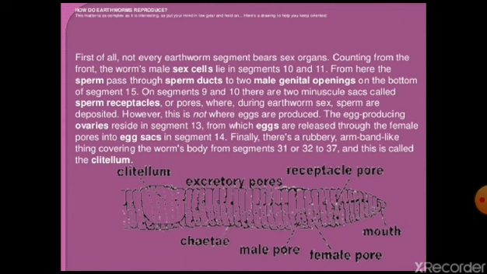Finally, there is an elastic, rubbery, arm-like band, a thin covering, which covers the worm's body from segment 31 or 32 up to 37, and this is called clitellum.